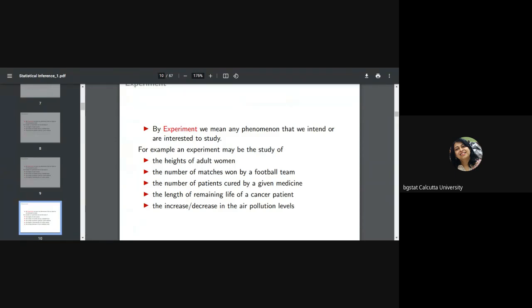So these are all experiments. They all have some well-defined objective which we want to report on. So this is the first requirement of statistical inference, that you have this underlying experiment and some well-defined event which you want to make a statement about.